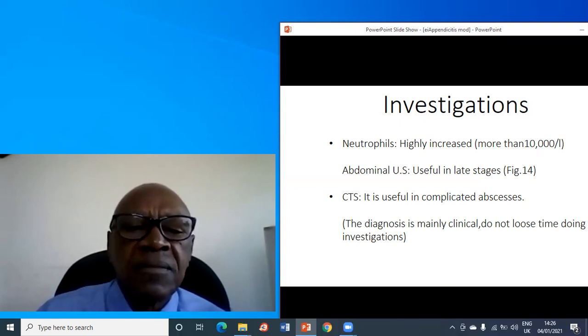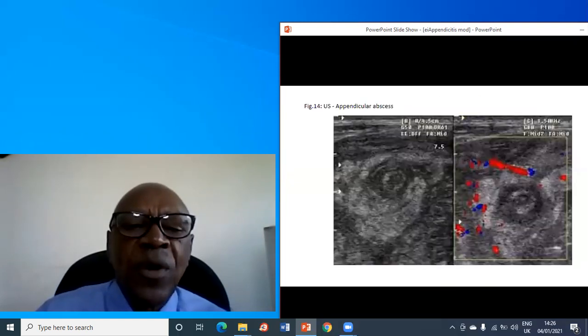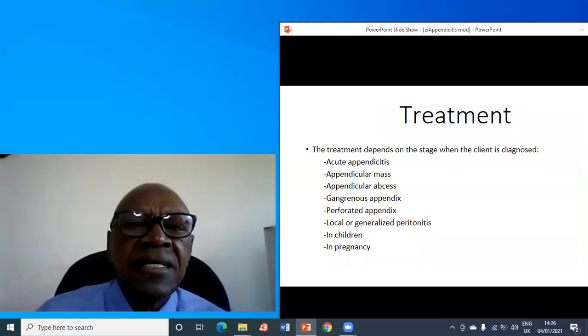Treatment. The treatment depends on the stage when the client is diagnosed. And the stages are quite many.